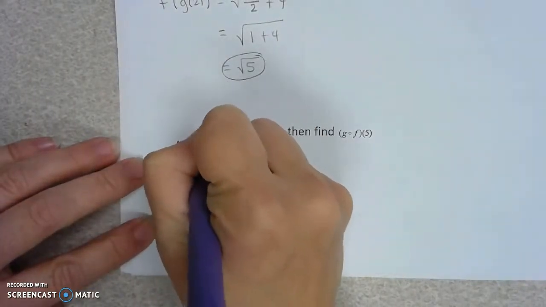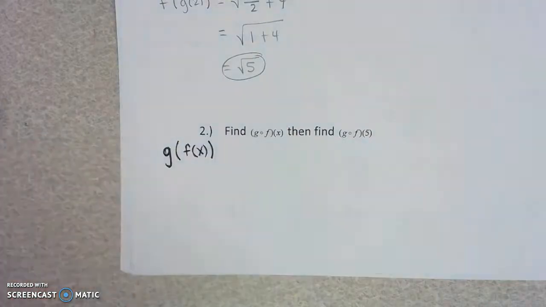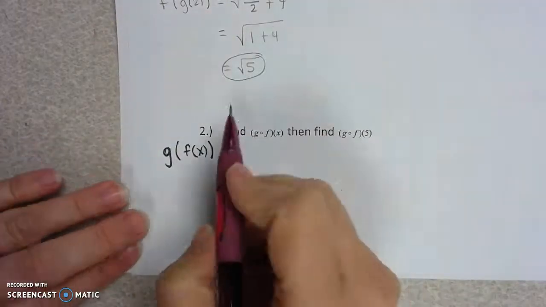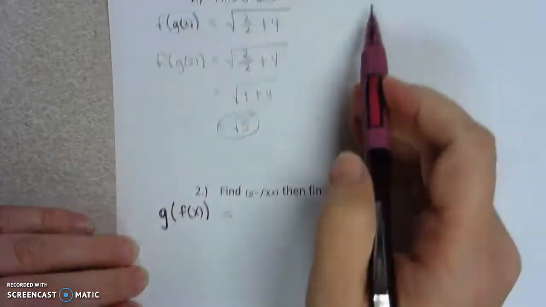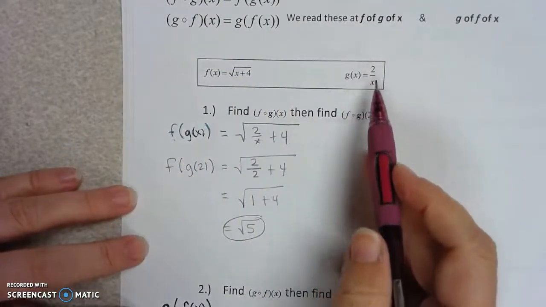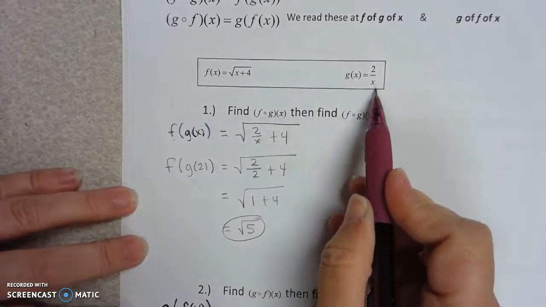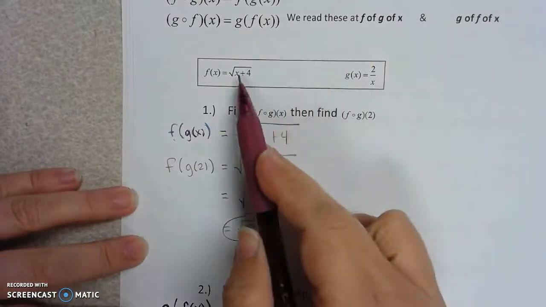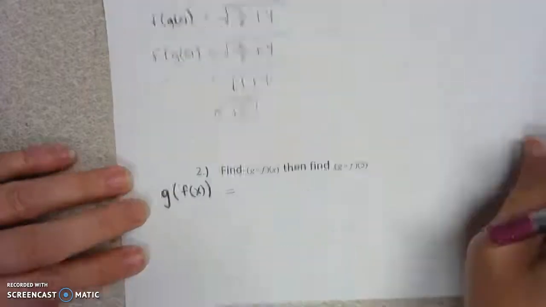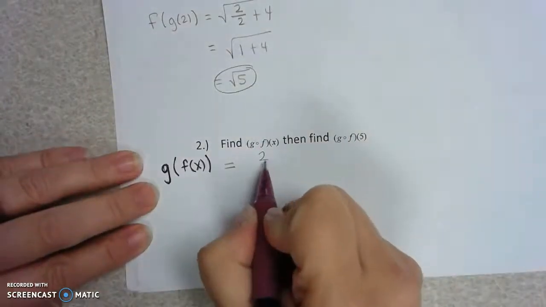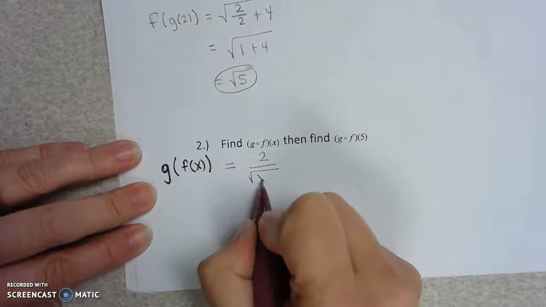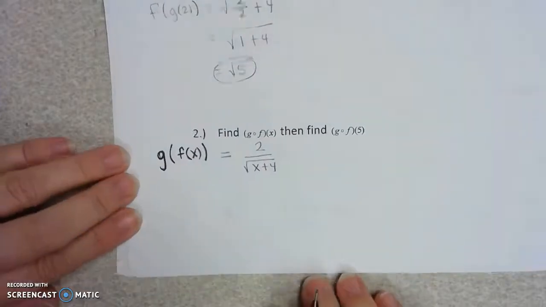I want to put the function f. So the function g, we said, is 2 over x. So that's the function I want to use, but instead of writing this x, I'm going to replace it with the function f. So we should have 2 over the square root of x plus 4.